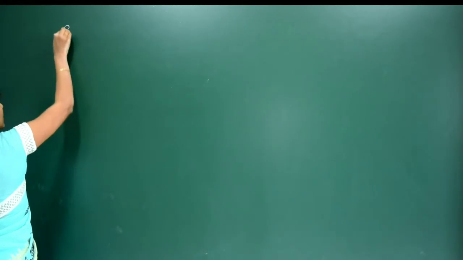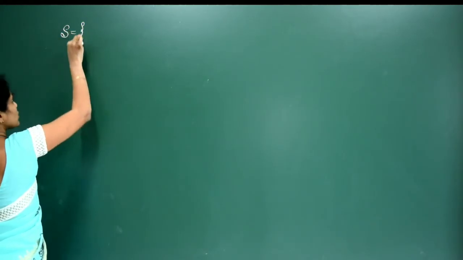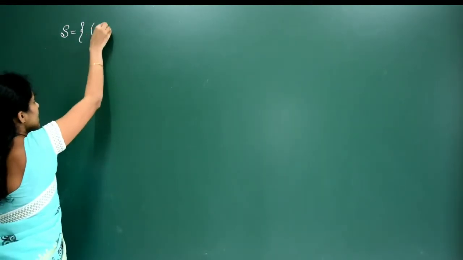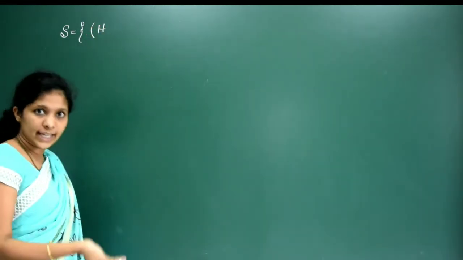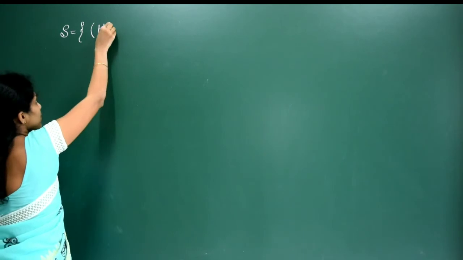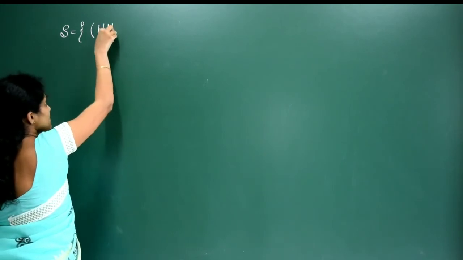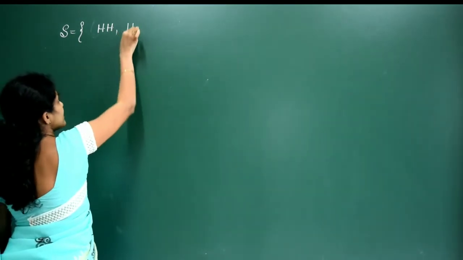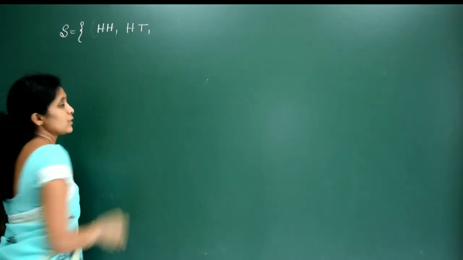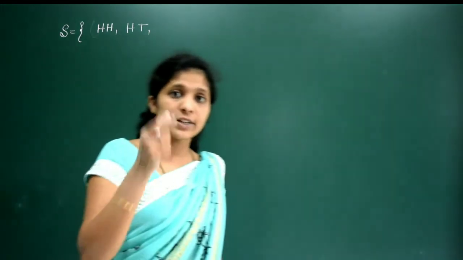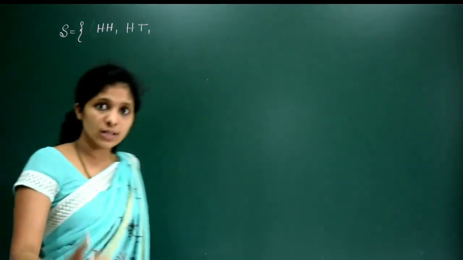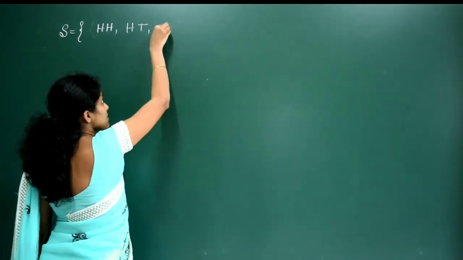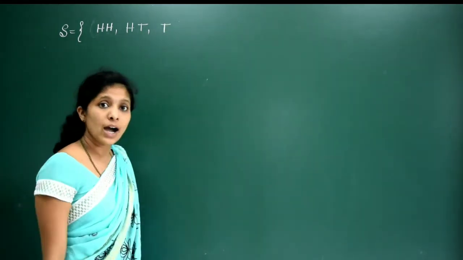Sample space will be equal to: you have to toss a coin. If it comes head, then I have to toss the coin again, right? If you toss the coin again, the possibilities are head, head, or head, tail. Is it clear? If it comes tail, then you have to throw a die.